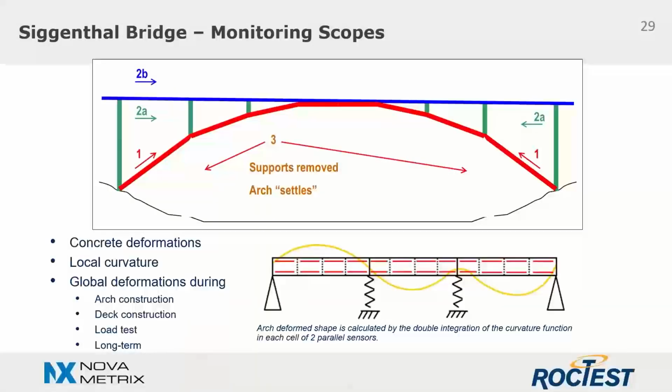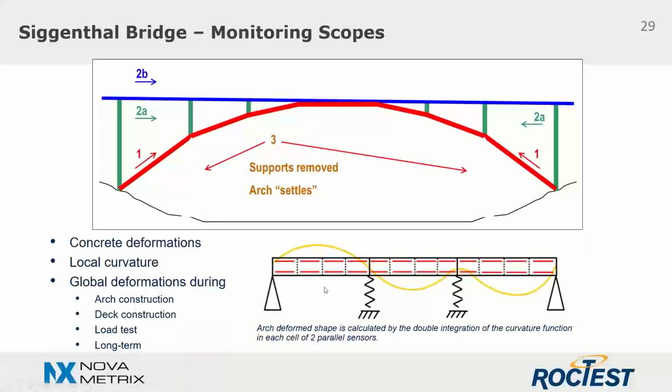So the monitoring aim at the time of the construction was to monitor the local concrete deformations, to measure the local curvatures in the vertical plane, and to calculate the perpendicular displacement of the arch by the double integration of the given curvature in each cell of parallel sensor that you can see here.